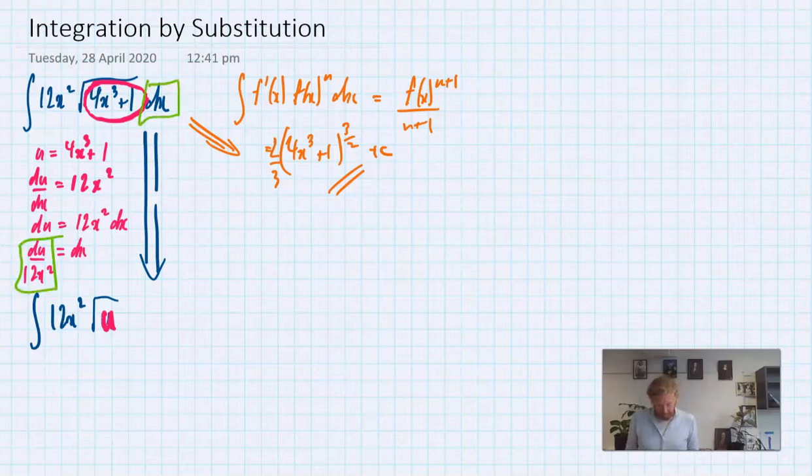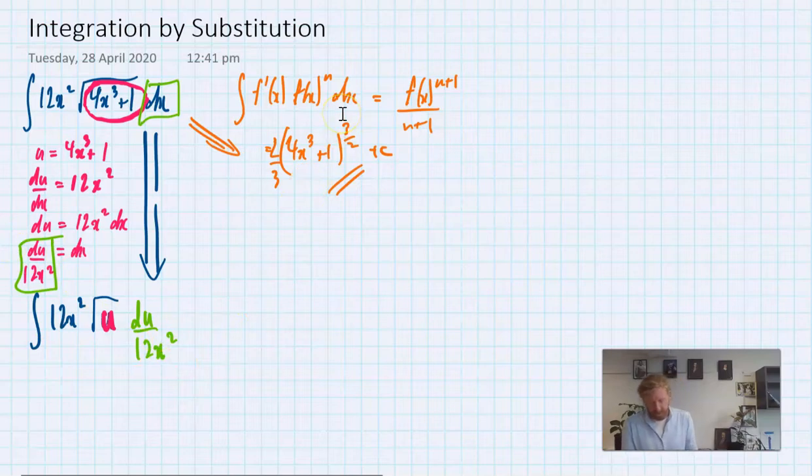So that's going to be du on 12x squared. What happens to the 12x squareds? Well, they magically disappear. Keep your eye out for that. A lot of the time the derivative will be sitting at the front. Just the way it has to work for these.